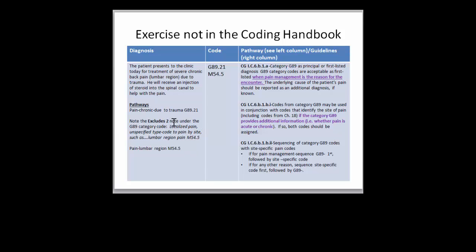As a reminder, excludes 2 notes mean you can code this code and this code. If you had an excludes 1 note, you could only code one of those things.